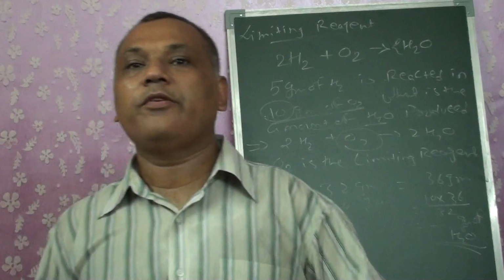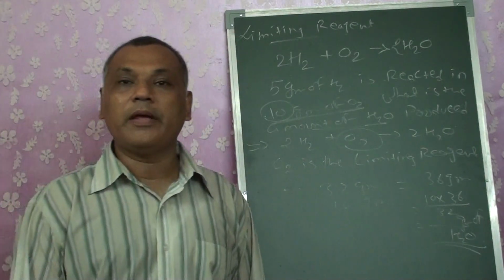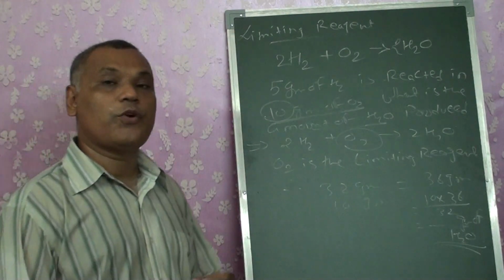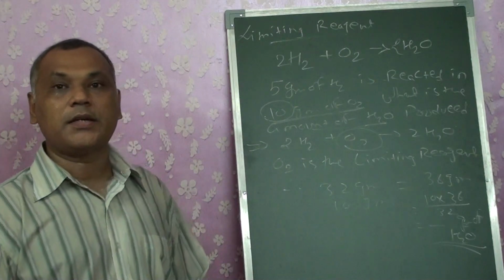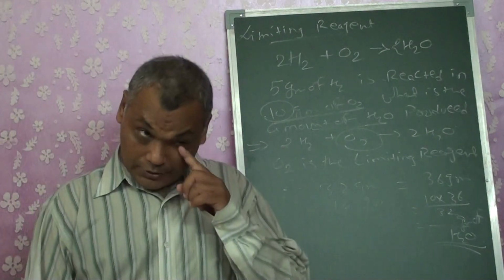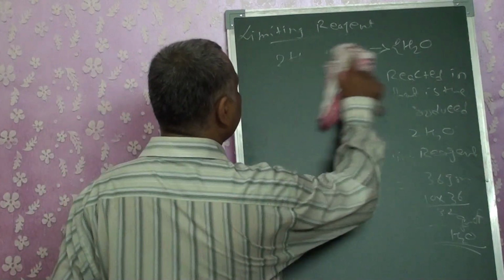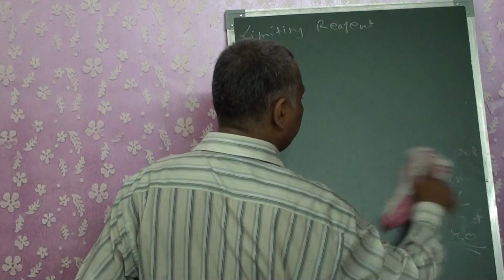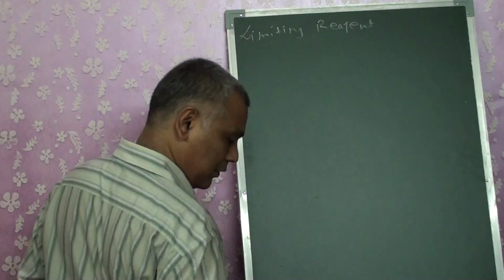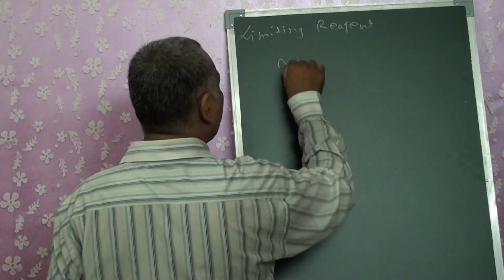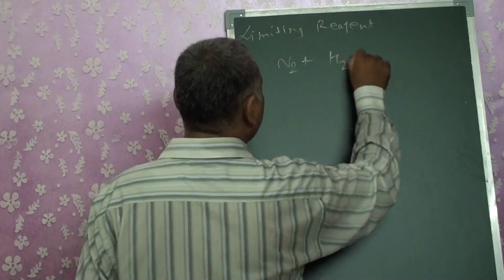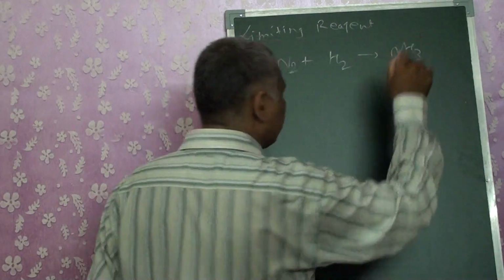Right? So whenever we will have to do it, we will have to make this type of calculation to find out which one is going to act as a limiting reagent. Let us take one more example. We are having a reaction of N2, H2, NH3.